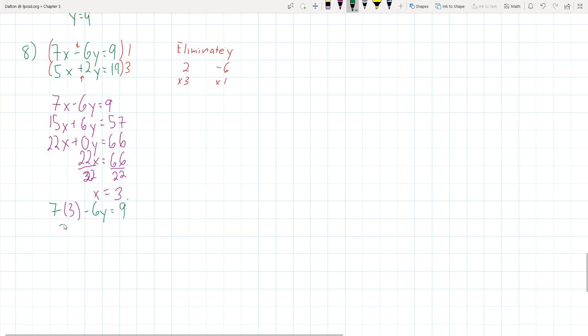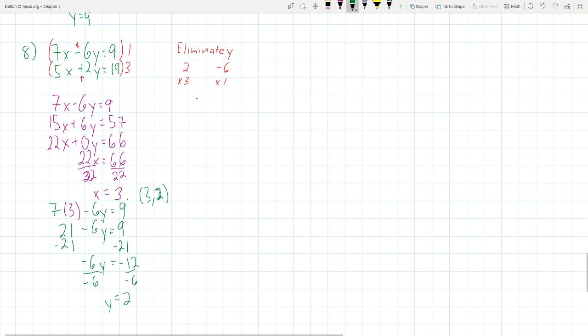So 7 times 3 is 21 minus 6y equals 9. Subtract 21 from both sides. So negative 6y equals, what was that, negative 12? Divide by negative 6, divide by negative 6, and y equals 2. So hopefully my answer should be 3, 2.